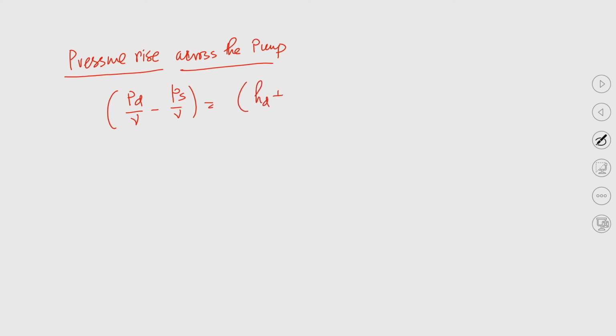This is the static pressure rise, that is nothing but the pressure rise across the pump, that is P d by gamma minus P s by gamma. That is nothing but H d plus H f d plus V square by 2 g plus H s plus H s f, right.